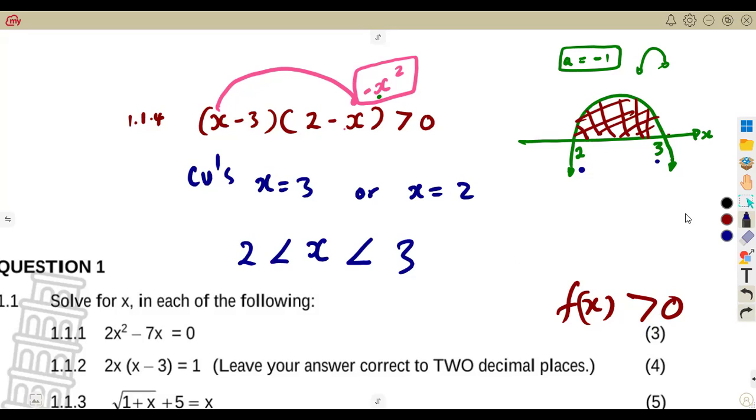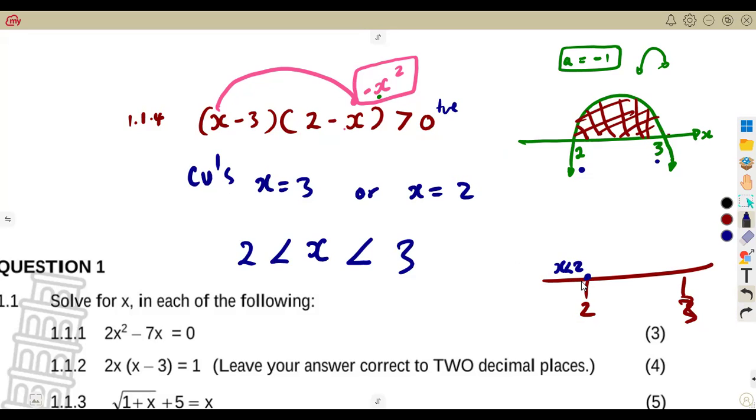So you can also use your number line. Remember your number line, you have to test your values. This is 2, this is 3. So we need a condition where, when we substitute the values of x, we are going to have a positive. Is it for the values that are less than 2?